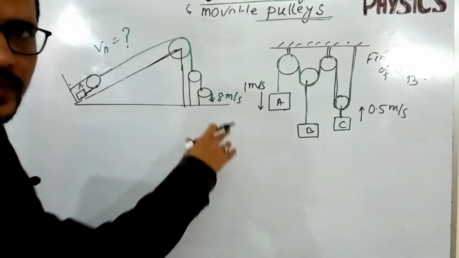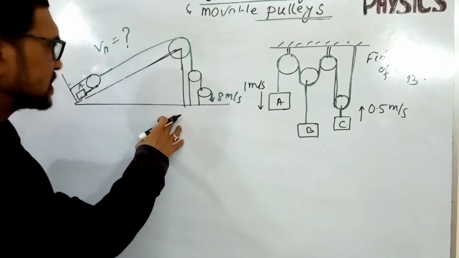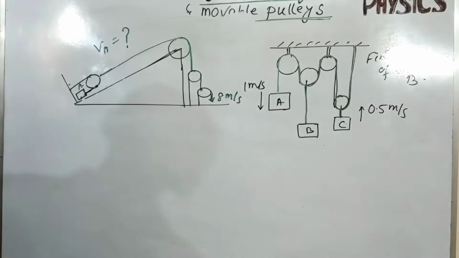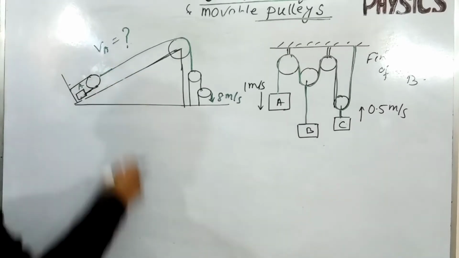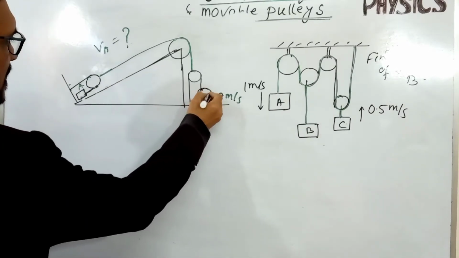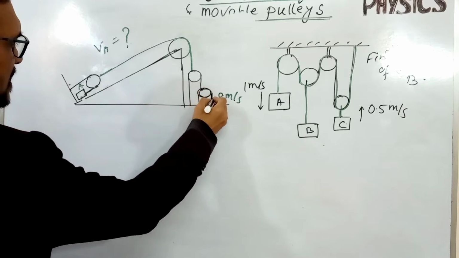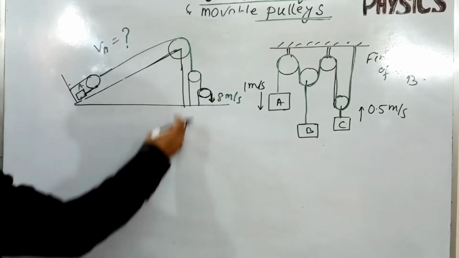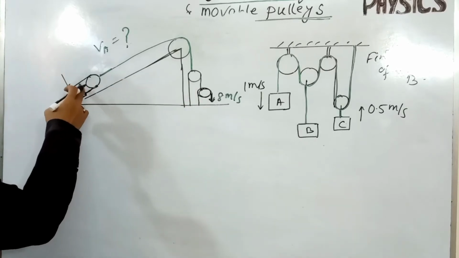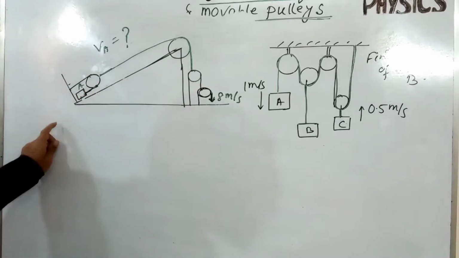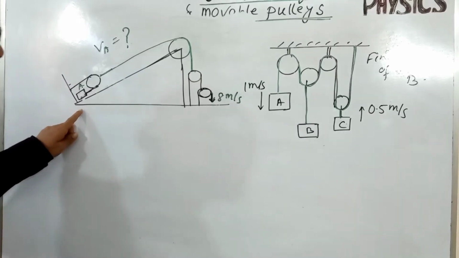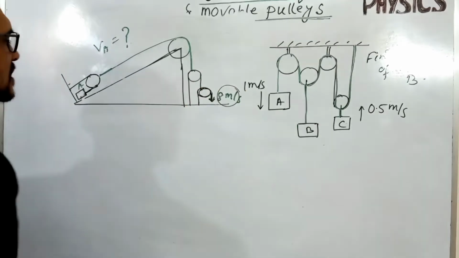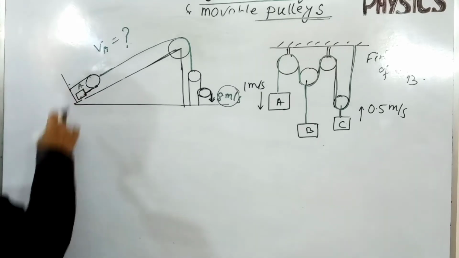Now in this problem, the problem is given here. Just watch this figure. In this figure, if the string is moved with velocity 8 meter per second downward, then what is the velocity of this block in this system? If the string is pulled downward with velocity this, what is the velocity of block A?